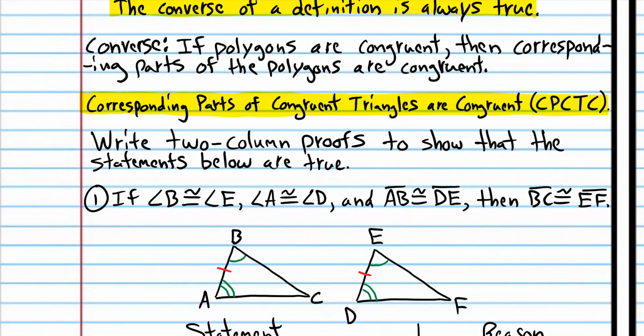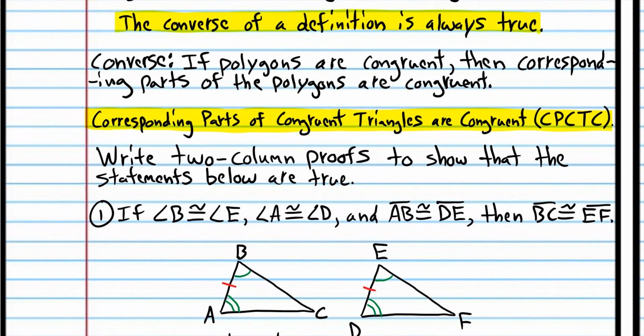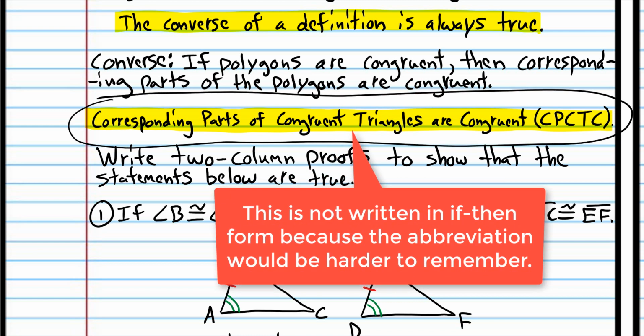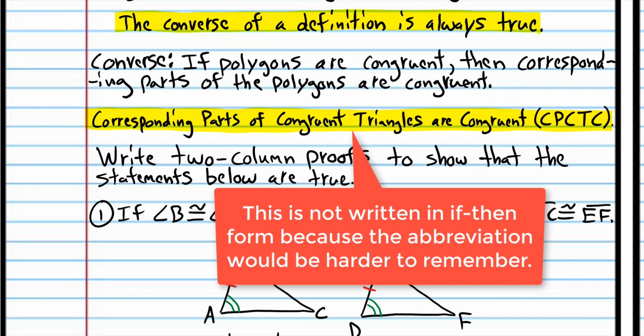Now, if we apply this to triangles in particular, we say corresponding parts of congruent triangles are congruent. So if we've already proved that the triangles are congruent, then we can say corresponding parts of congruent triangles are congruent. And we have a special abbreviation for that, CPCTC.